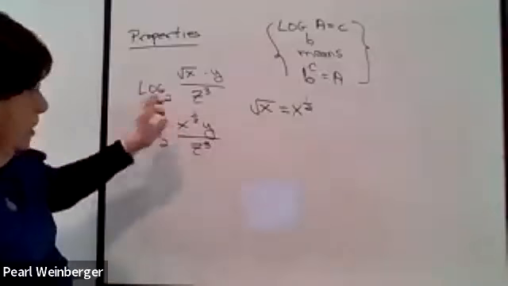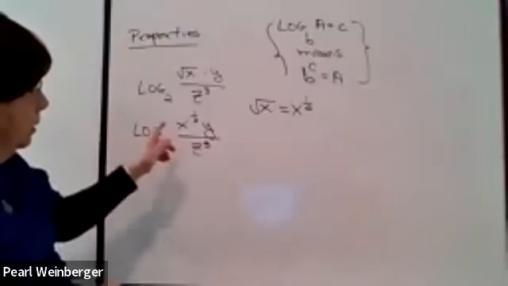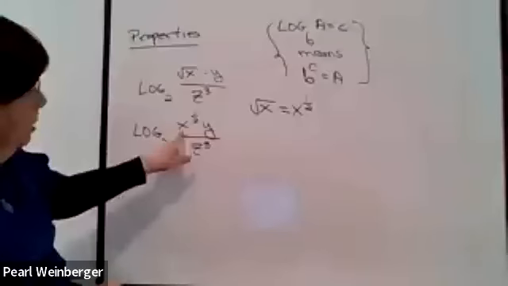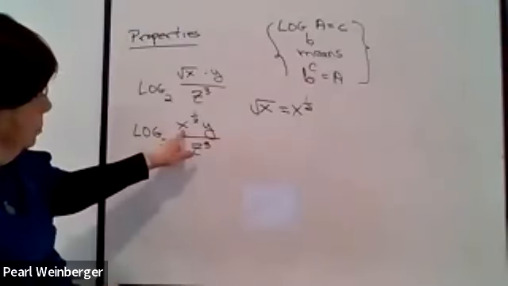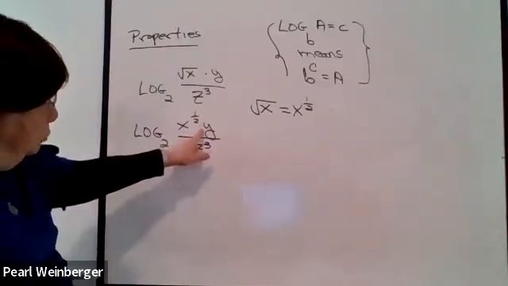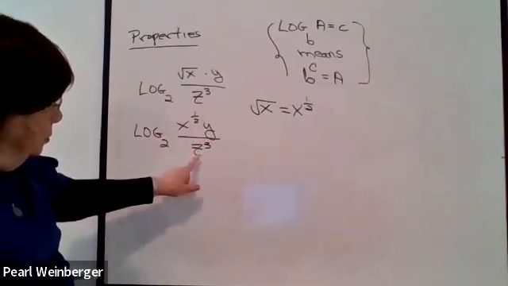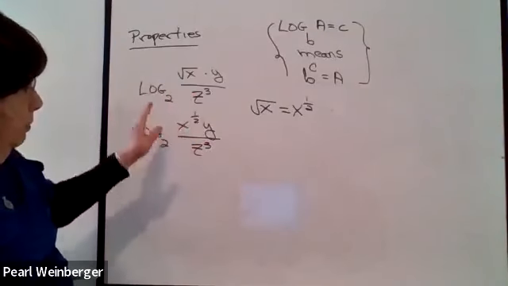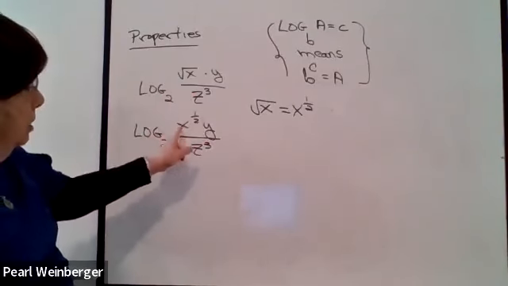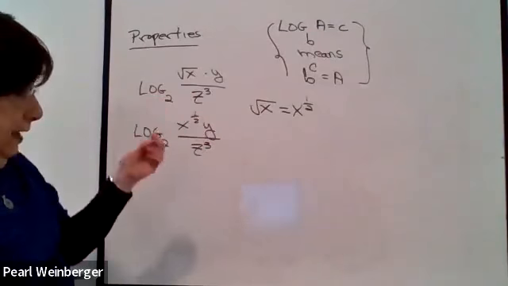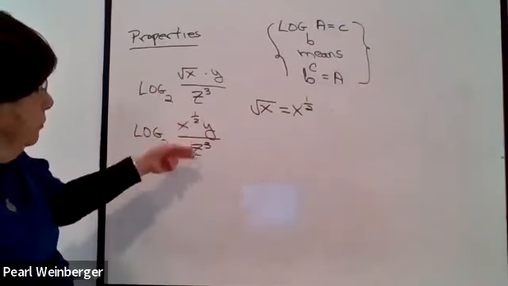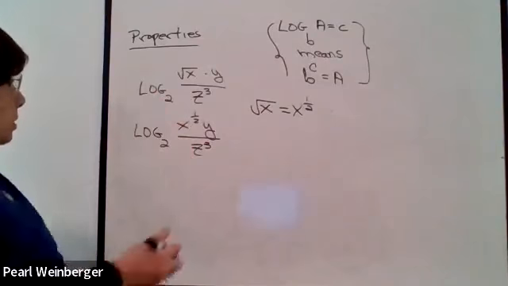I first want to look at where I have to multiply or divide. So here I'm multiplying the x to the 1/2 times the y, and I'm dividing it by the z to the third. And I know when I'm dealing with logs, where I multiply, I add logs. Where I divide, I subtract logs.